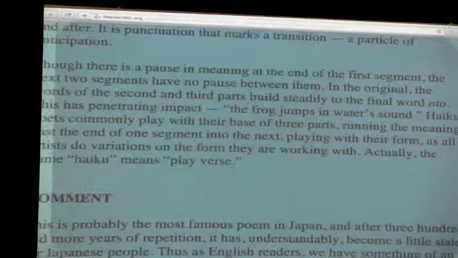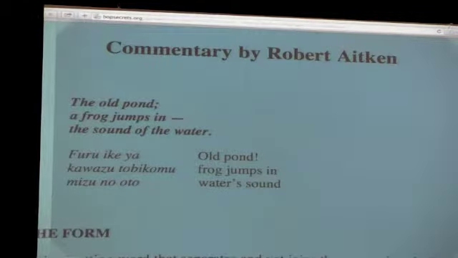Old pond, what's the season? It's fall, going to winter. The water is still there.